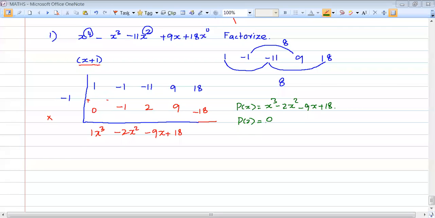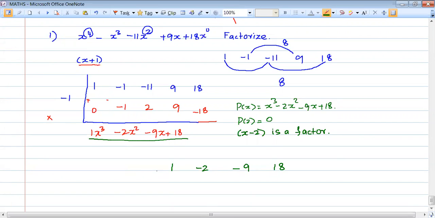Okay. So if P of 2 is equal to 0, then which one is a factor? x minus 2 is a factor. Then once again go ahead with your synthetic division method. Write the coefficients first, 1, minus 2, minus 9 and 18.